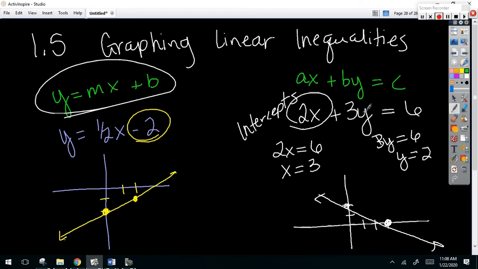If I plugged a 0 in for y, well, 3 times 0 is 0, so it'd really be 2x plus 0 equals 6. Yeah.